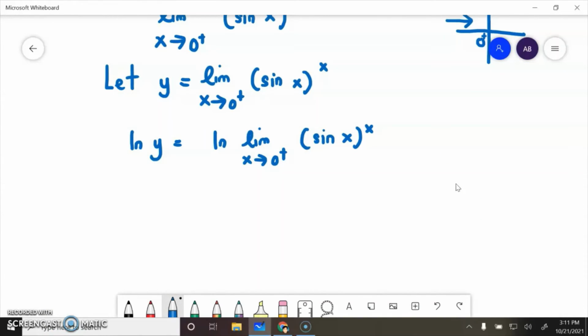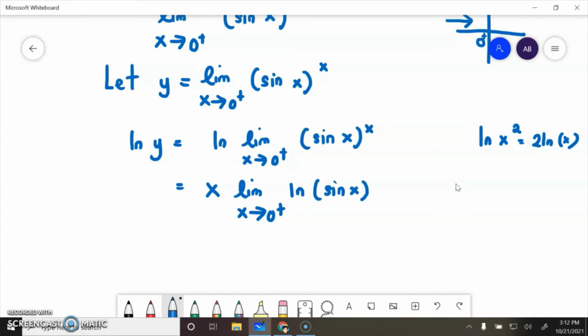For example, you have ln x squared; by the ln property, I can write it as 2 ln x. So I'm using that property here. I will have the limit as x approaches 0 positive of x ln(sine x).